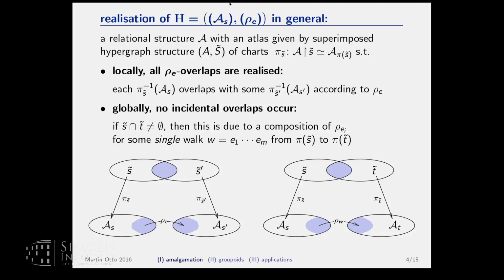This is the non-obvious part, which tries to keep this safe and sane. Namely, whenever you have overlaps in this atlas of pieces that declare themselves as copies of AS and AT, say, then the actual overlap in the resulting realization has to be forced by some composition of gluing operations that were really required.